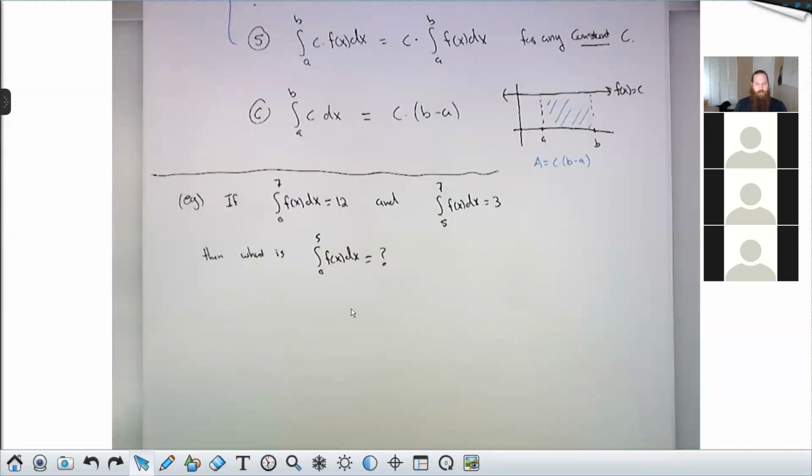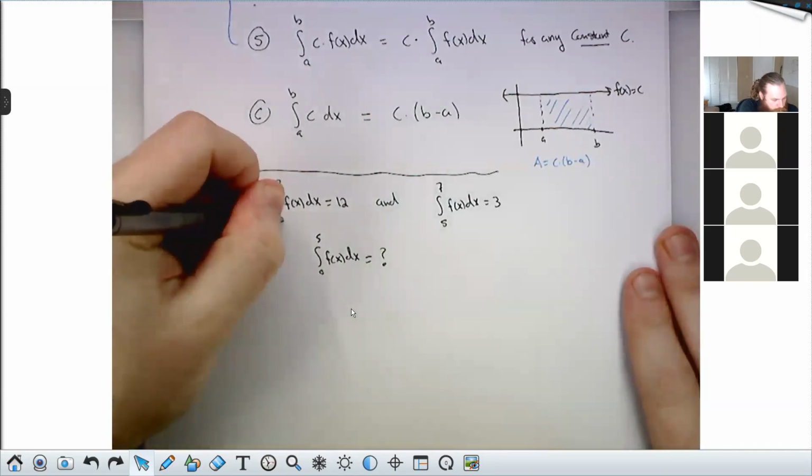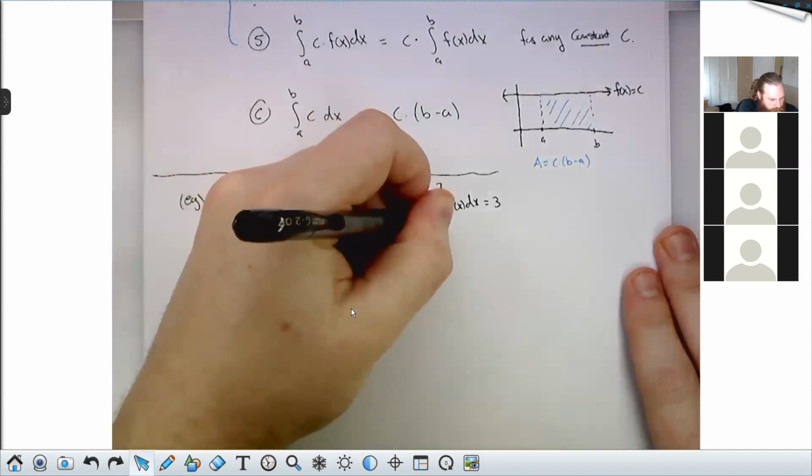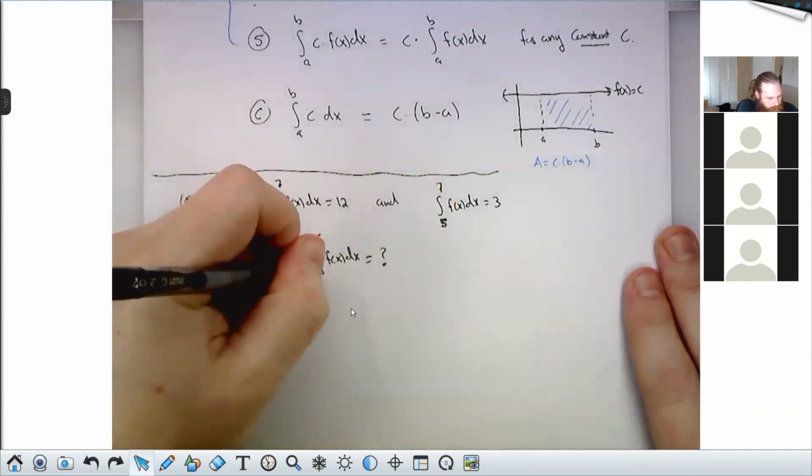Who can help me out with this one? For the first one, is that 0 to 7? Yes. Yeah, this is 0 to 7. This is 5 to 7. And this is 0 to 5.